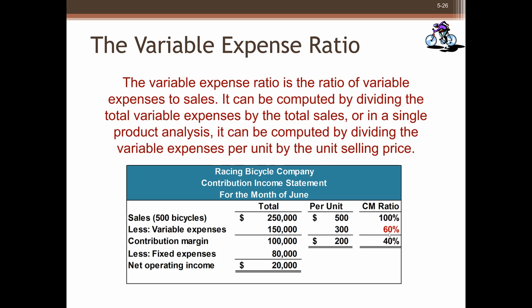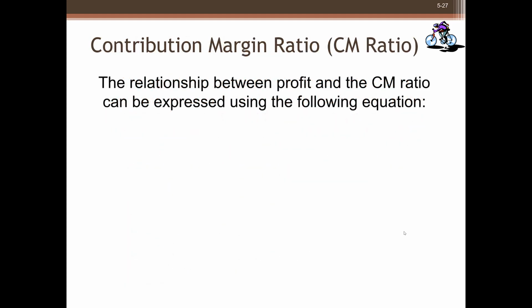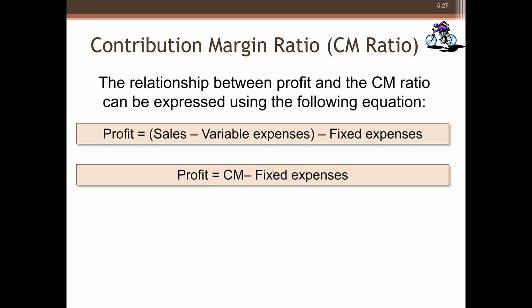Or we can calculate it per unit, using variable expense per unit divided by unit selling price. $300 divided by $500 gives 60% as well. Those are two equations we've learned.